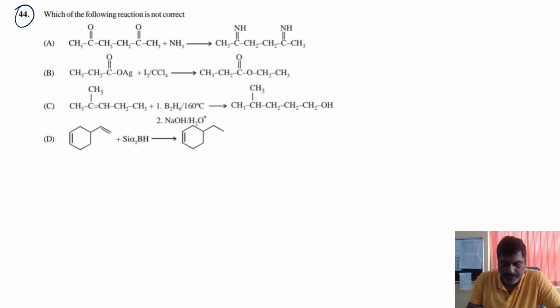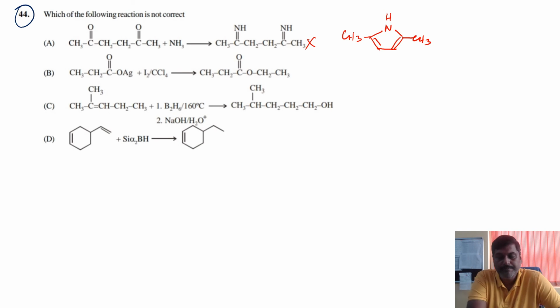If it is a 1,4 diketo compound, certainly this one is wrong, right? Because it gives, we discussed this in this mechanism, and so this will be giving here the CH3, and there the NH, CH3. This kind of pyrrole derivative, right? This is the cyclic compound.